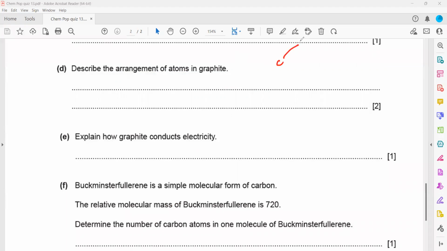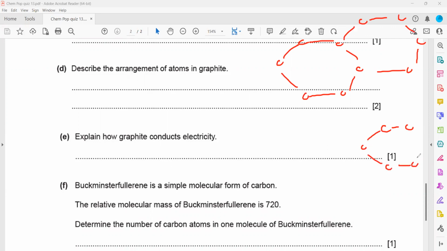Each carbon forms 3 covalent bonds and forms a hexagonal ring. And there's a layer structure: this is one layer and there will be another layer, and this will be the second layer. So it has a layer structure and hexagonal rings.